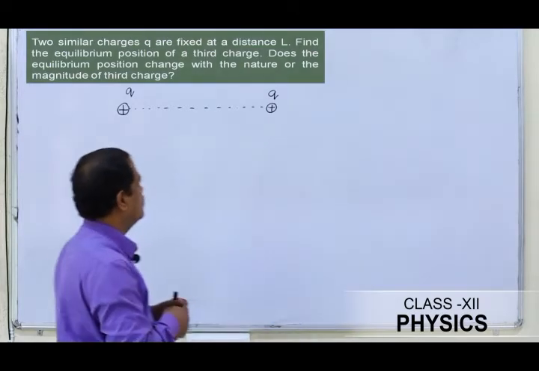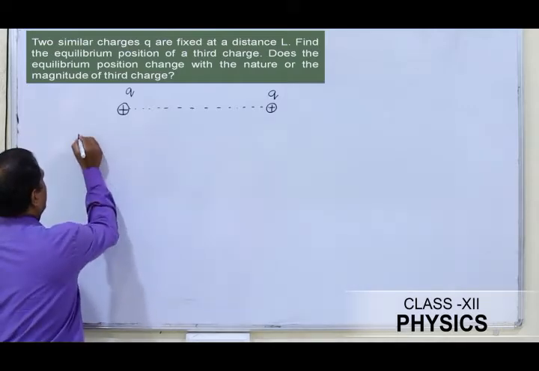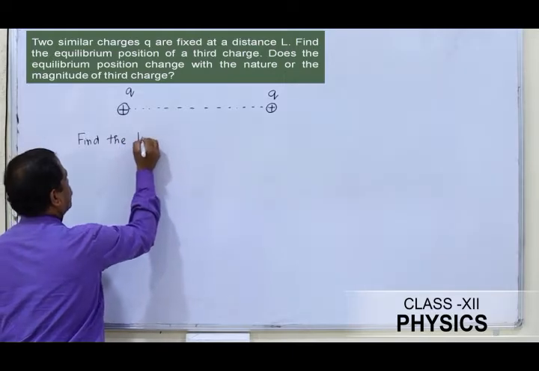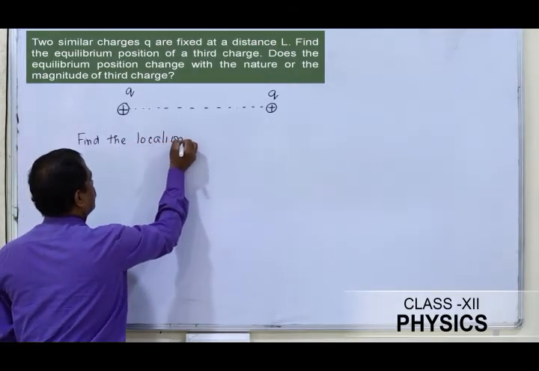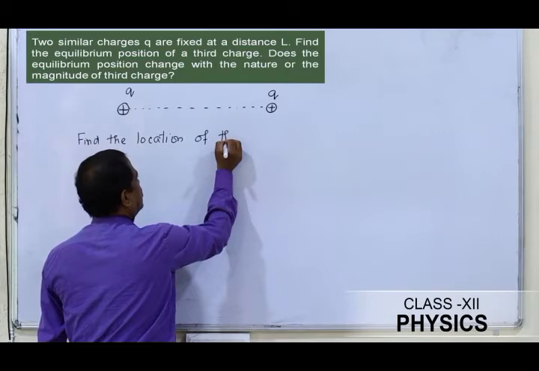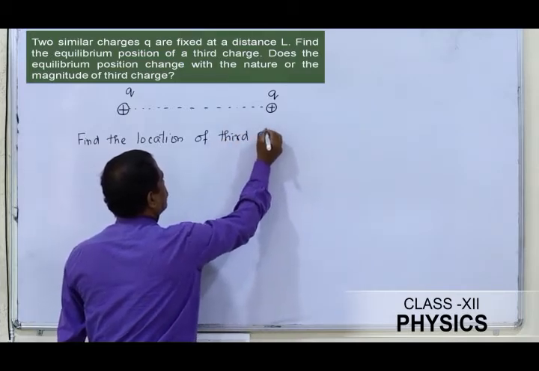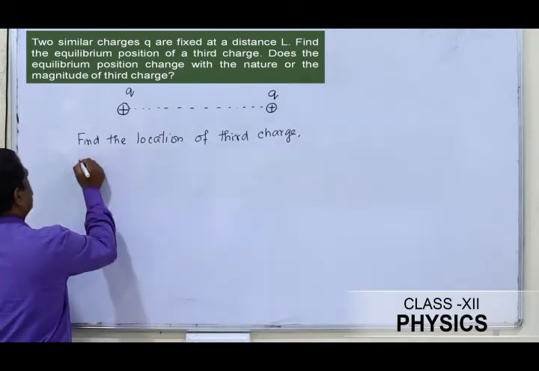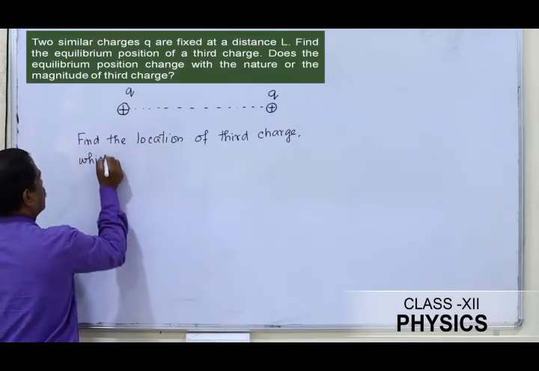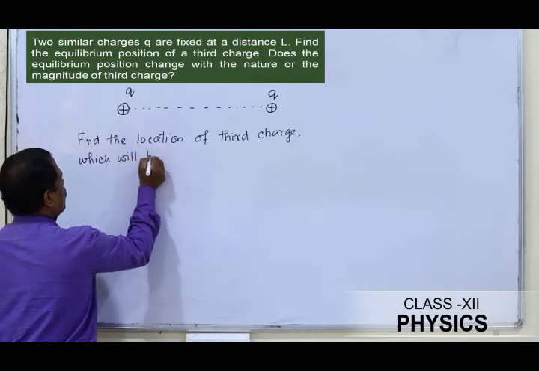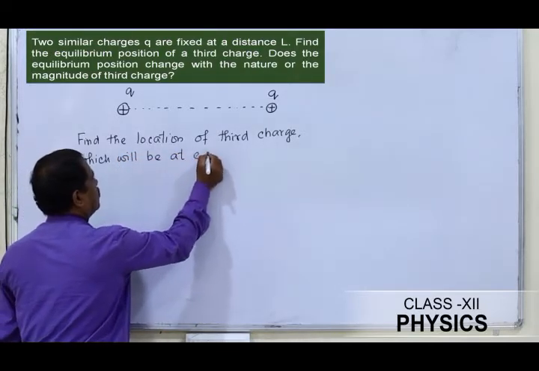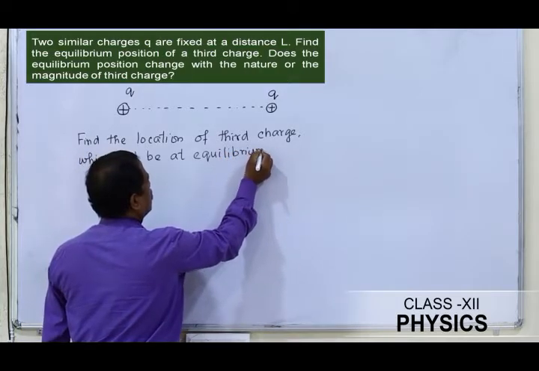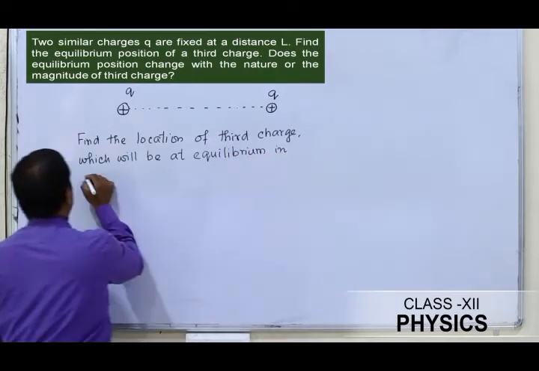So our question is to find the location of a third charge which will be at equilibrium in that position.